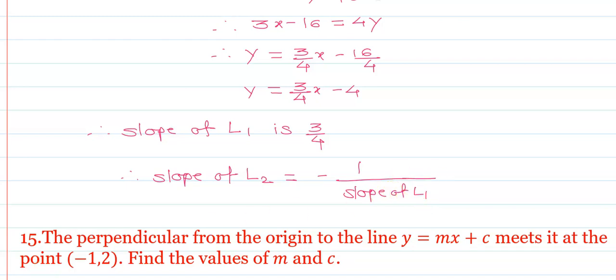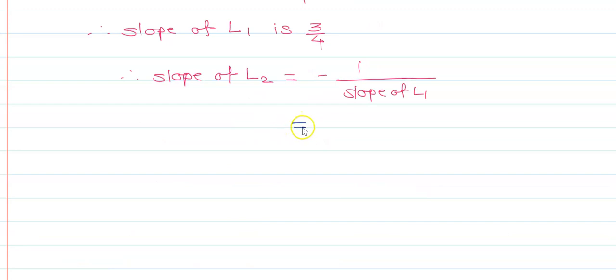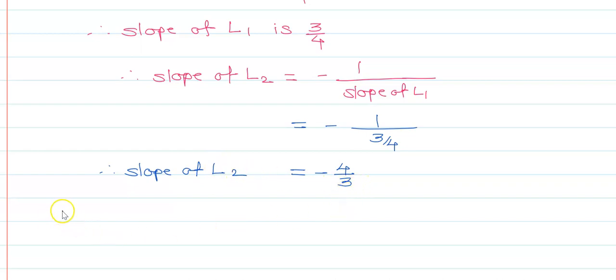The slope of L1 is 3 upon 4, and so that is equal to -4/3. Therefore the slope of L2 is -4/3.